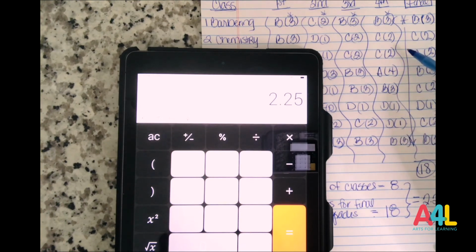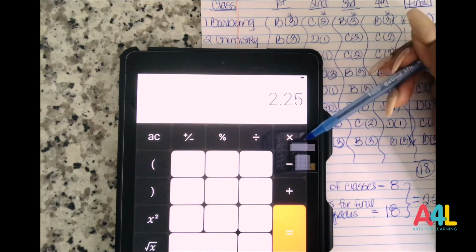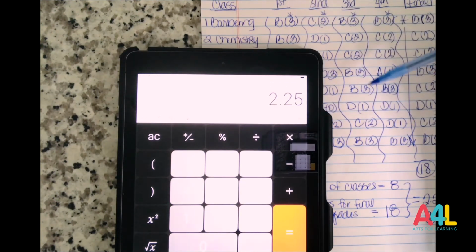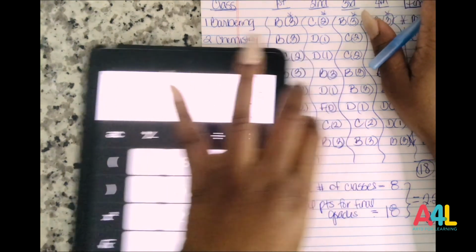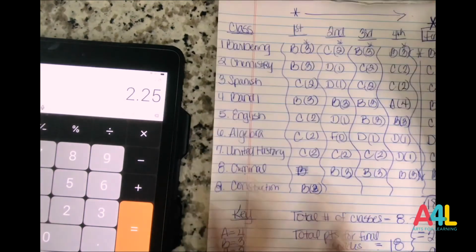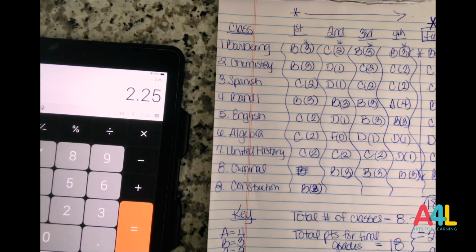The approach is the same, the system is the same. It's just a matter of strategy as well as how to properly write down or take notes on what you see on your course history or your high school transcript. But for now, this is the strategy that we use to go ahead and calculate your GPA.